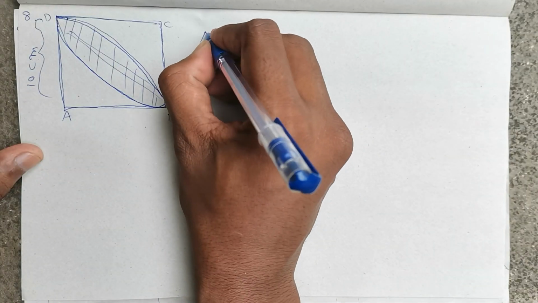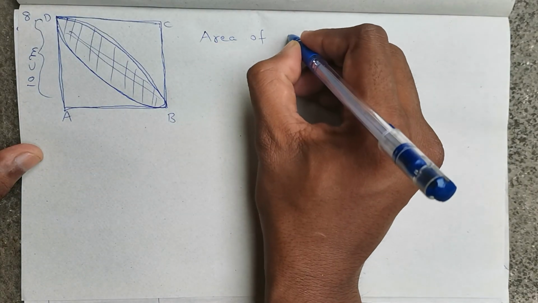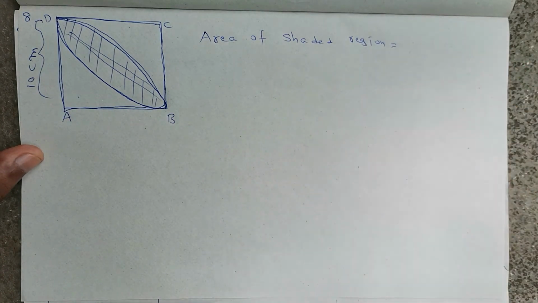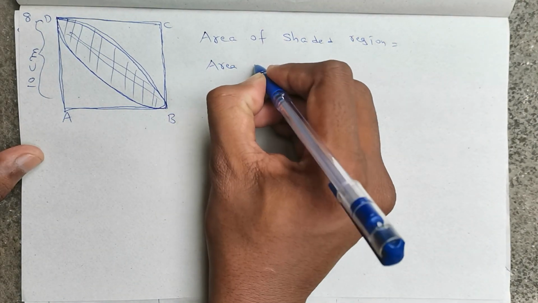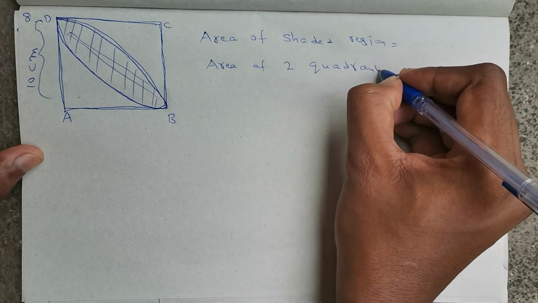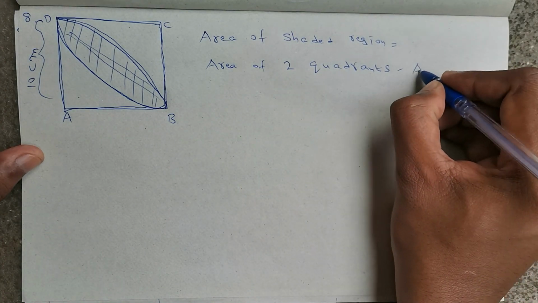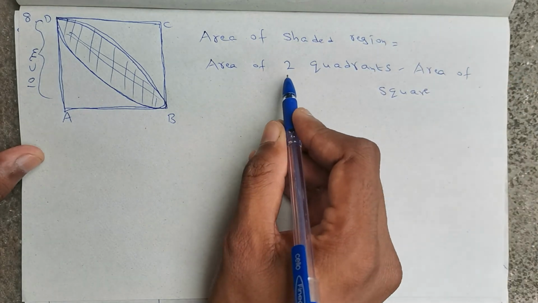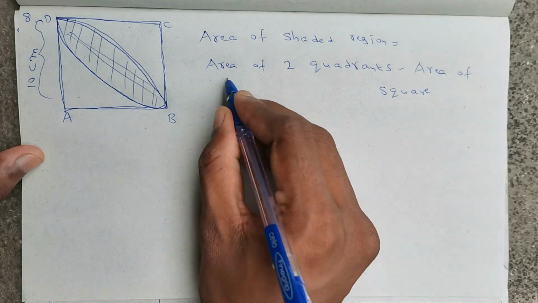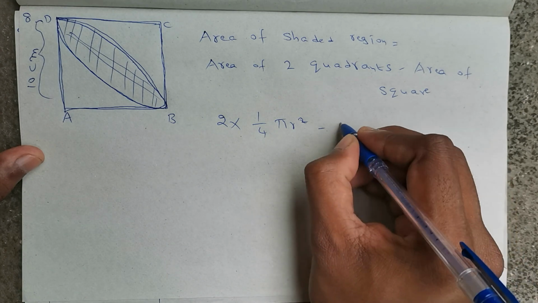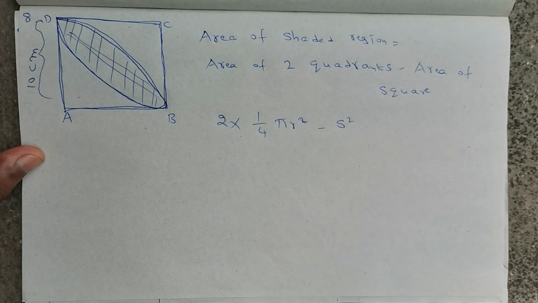So the area of the shaded region is equal to the area of the quadrants. Here two quadrants are there, so the area of two quadrants minus the area of the square. Two quadrants are there, so 2 into the area of a quadrant, 1 by 4 pi r square, minus the area of a square, s square or side into side.